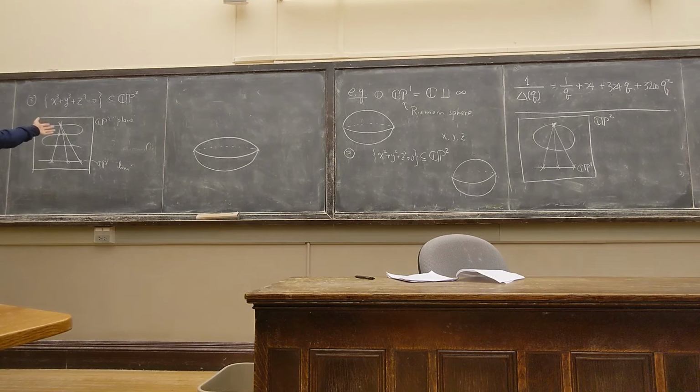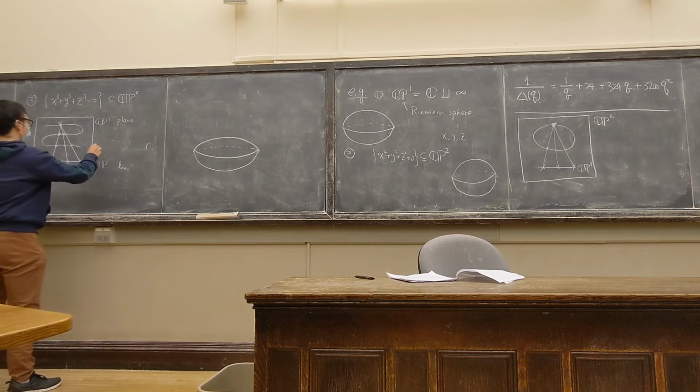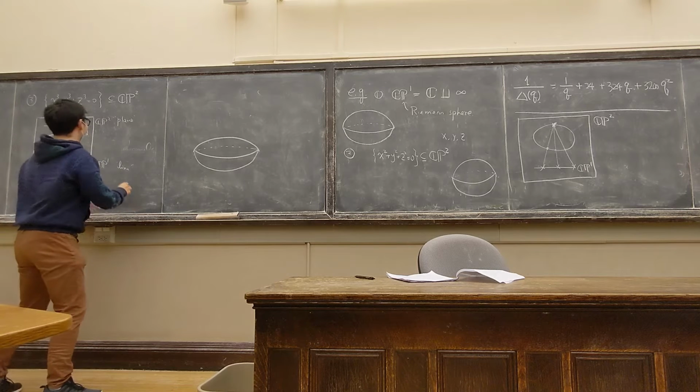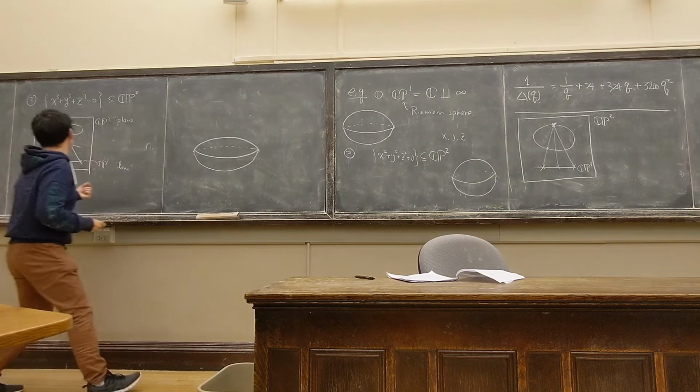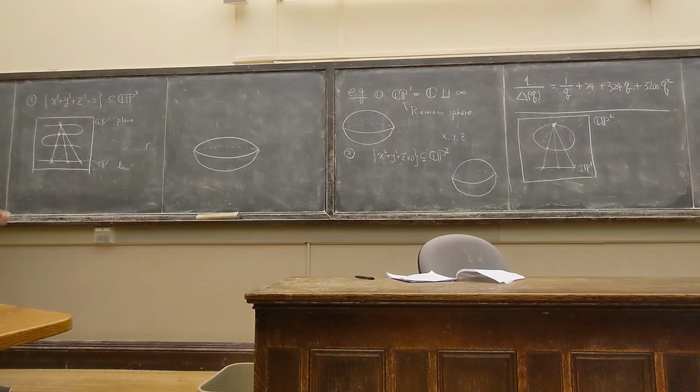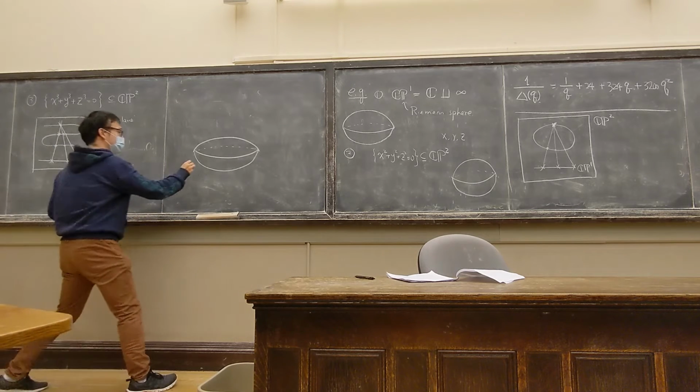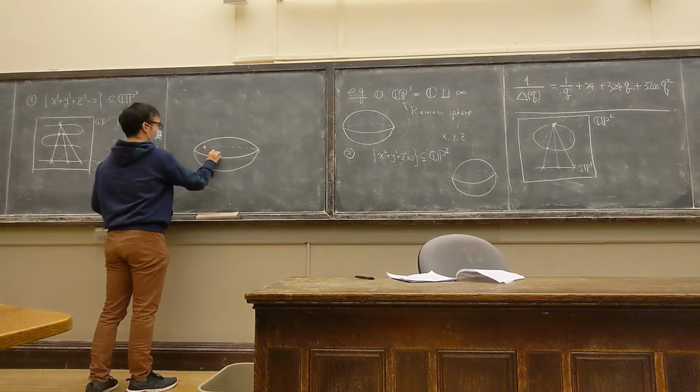Then by a direct calculation via this equation, we should be able to determine how many points are the branch points of this 2-to-1 cover. By direct calculation using this equation, you will see that there are 4 branch points.